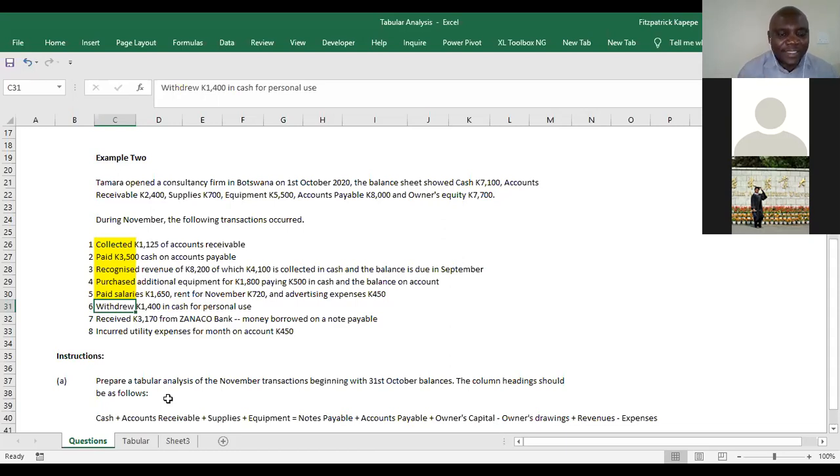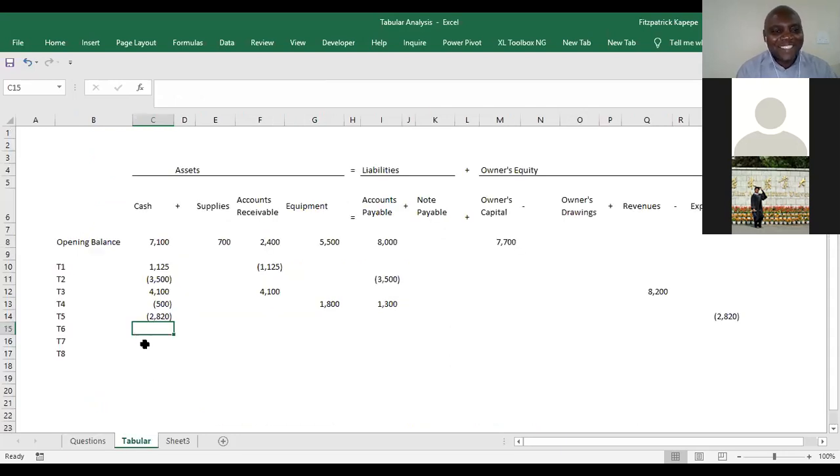It is double entry, so which two accounts will be affected? Cash and drawing. Okay, you were almost losing confidence. So withdrew minus 1,400. Then drawings here, it comes there and it goes like this.